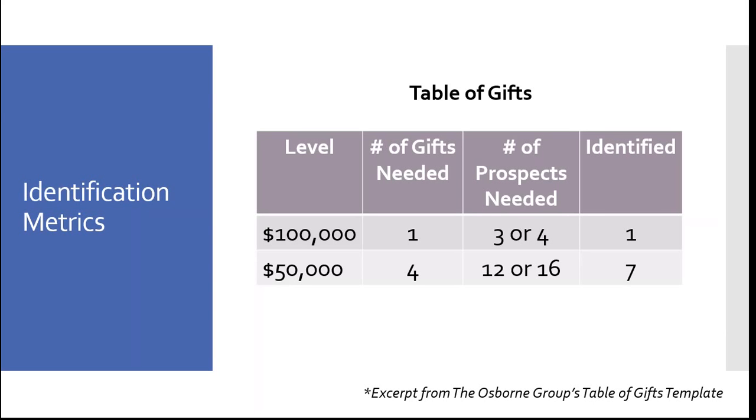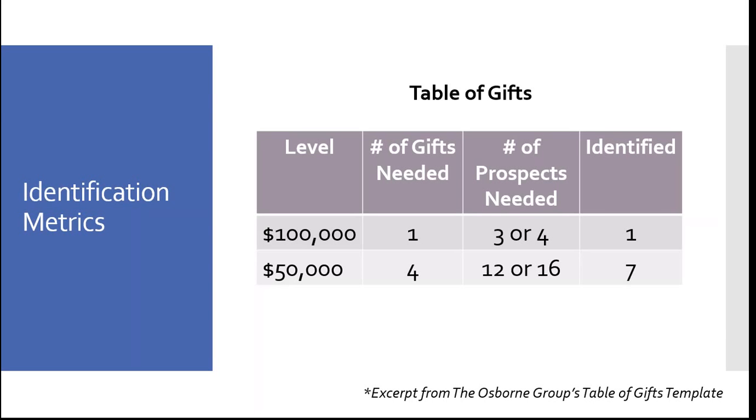The second big reason that a table of gifts is really powerful is around identification, because at any given time, we're able to see how many prospects we still need. I think identification tends to be one of the areas that nonprofits struggle with the most. I think we do a lot of pipeline building activities that we don't take advantage of.